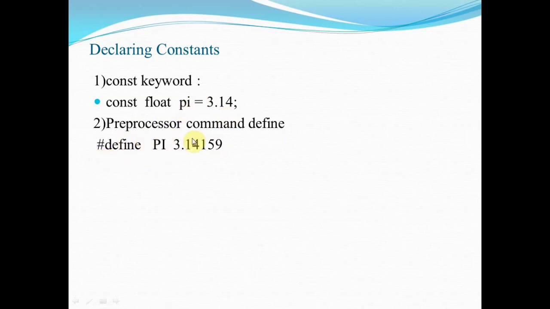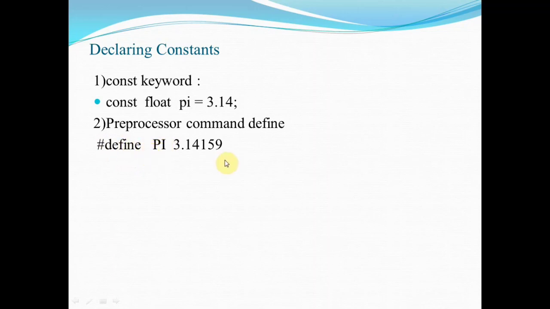But remember that in this second case, the preprocessor command define, there are some rules you have to follow. The first rule is that constant names are usually written in capital letters, that means this pi should be written in capital letters. Second rule is no blank spaces are permitted between the hash and the keyword define. Third, a blank space must be used between the #define and the constant name, that is between #define and pi.